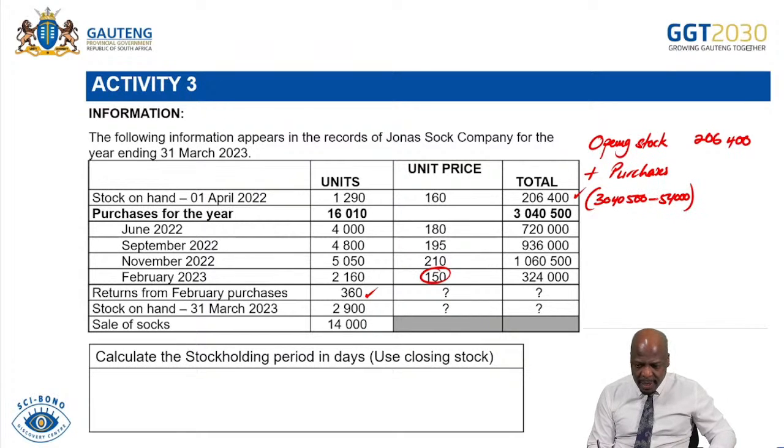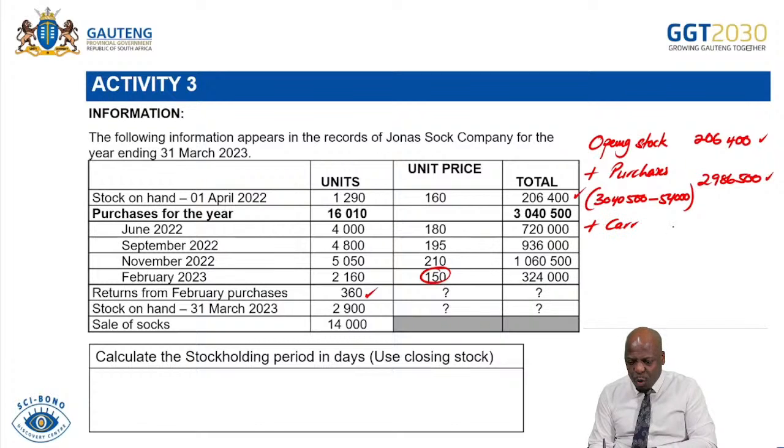So it's purchases minus returns. I want to see how much you get there then. Remember, your purchases are 3,040,500. Therefore, you get 2,986,500. So it's opening stock plus purchases. If we had carriage, we would come here and say plus carriage if carriage was given. But in this case, it's zero. That is carriage or customs duty.